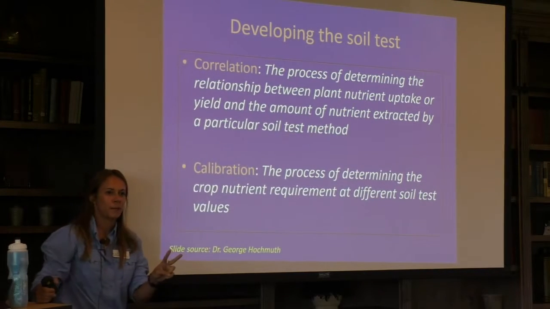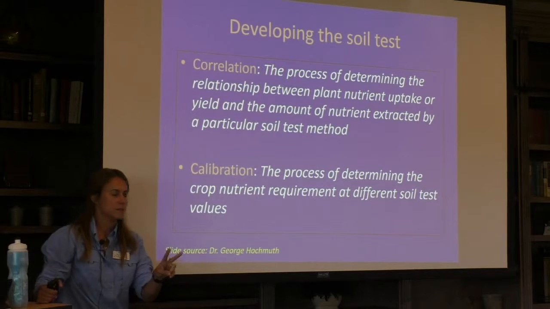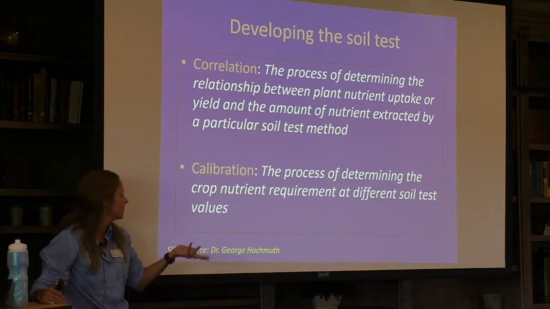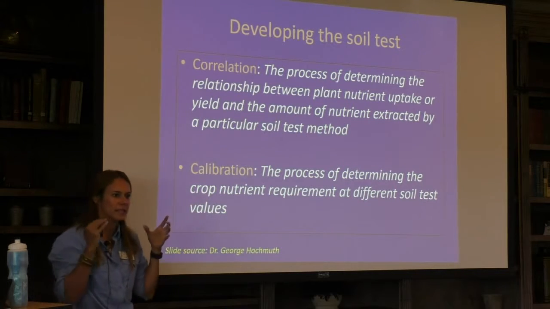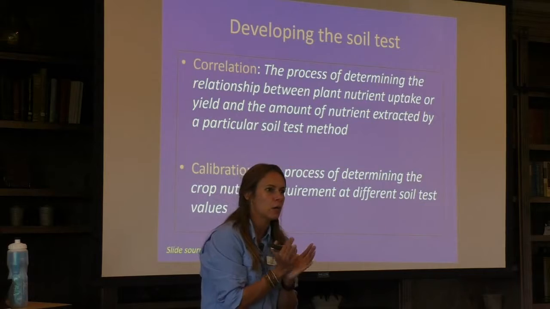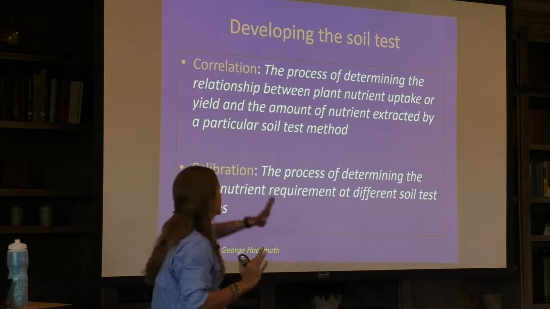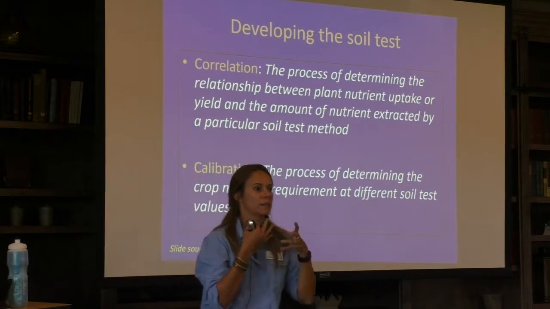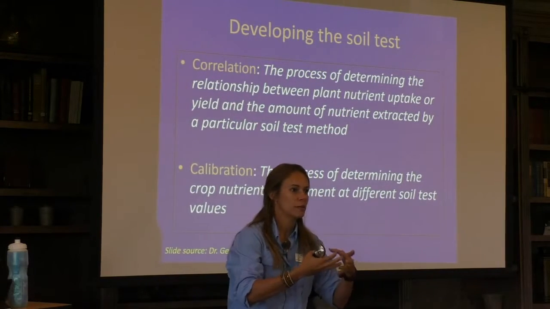It's a two-step process to determine this. The first step is that scientists have to develop correlation and then calibration. The soil test procedure is supposed to mimic what the plants do in the soil. That's the correlation. Whatever chemical I'm using to react with my soil needs to mimic what the plant is doing.